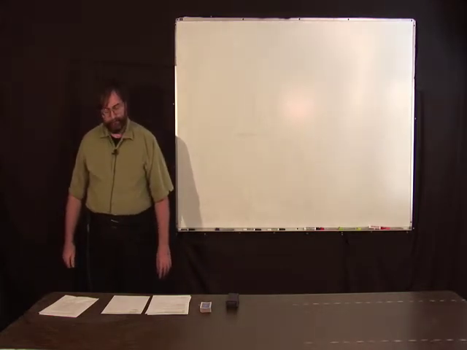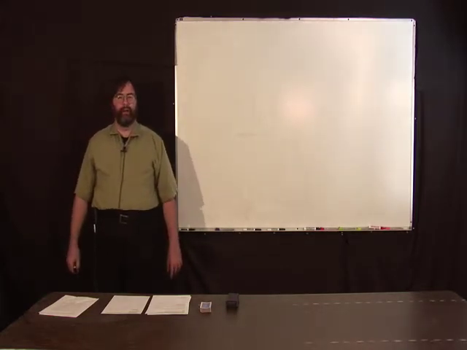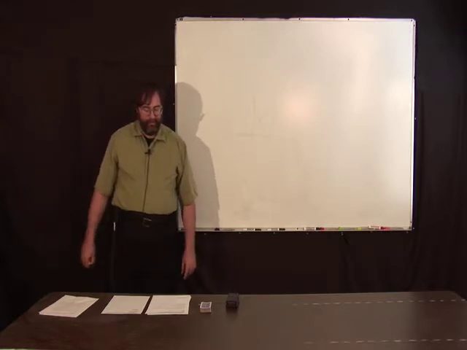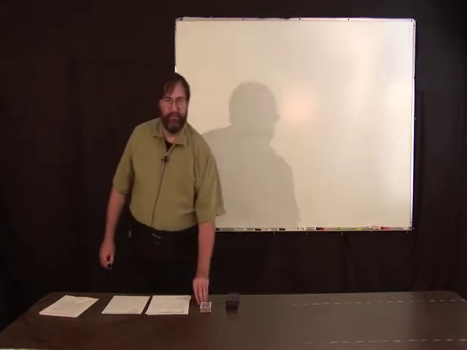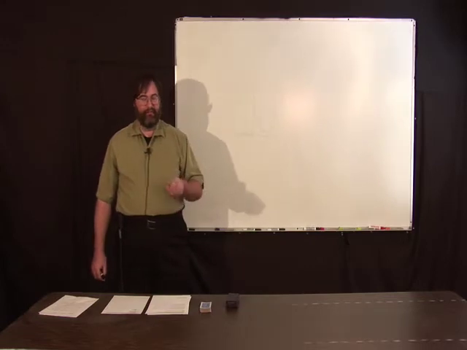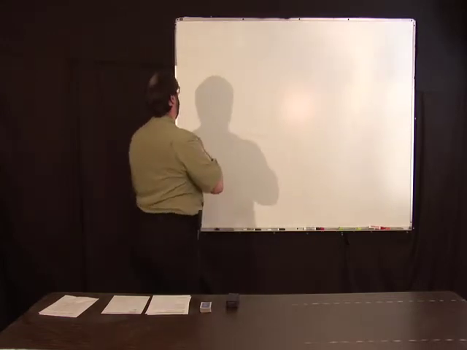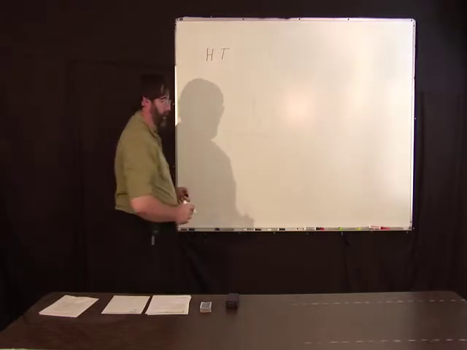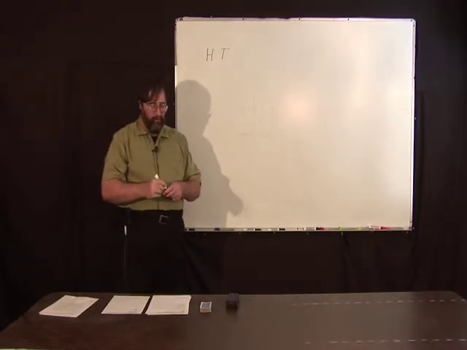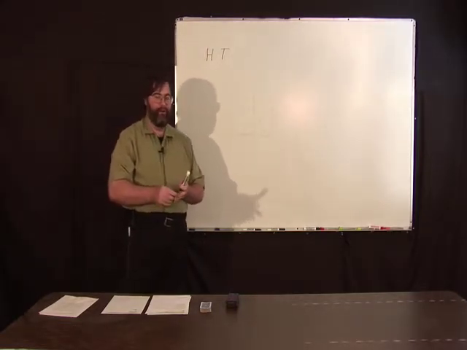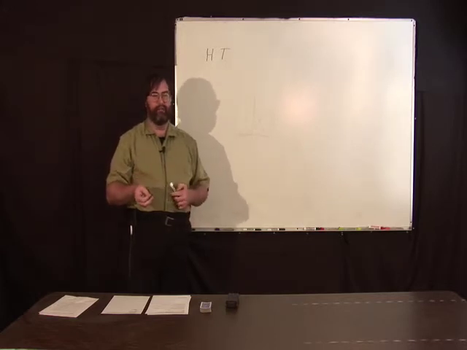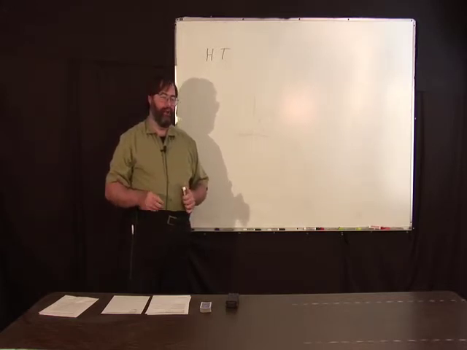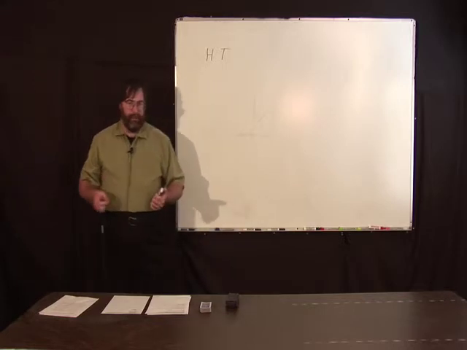Want to talk a little bit about probability, discrete probability. If we have a coin, we can flip it. If it's a fair coin, there's two outcomes, heads or tails. And we'd like to say that for a fair coin, the probability of heads is half, probability of tails is half. We're not going to try to define probability here.